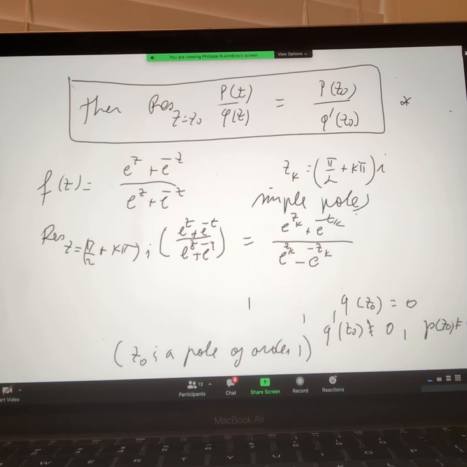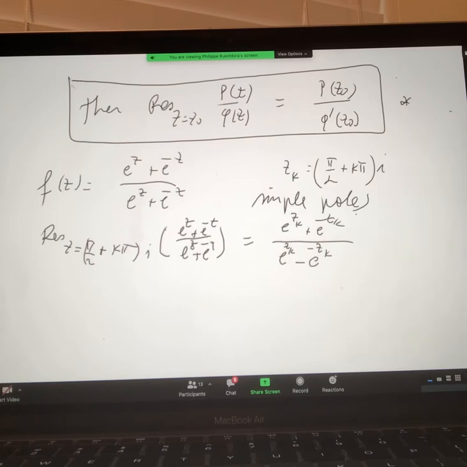Just put all the z_k's in, and it's a review of the elementary functions. So we have e^(i(pi over 2 plus k pi)), e^(-i(pi over 2 plus k pi)) over e^(i(pi over 2 plus k pi)).